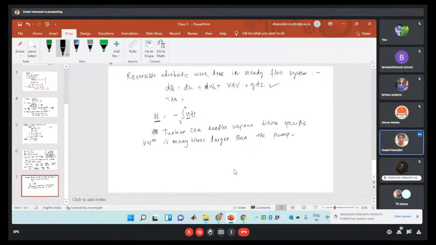Okay, so please take a look at this. I am not explaining this term in detail; this is how we found the reversible adiabatic work done in a steady flow system. Okay, so next one is the actual vapor cycle.